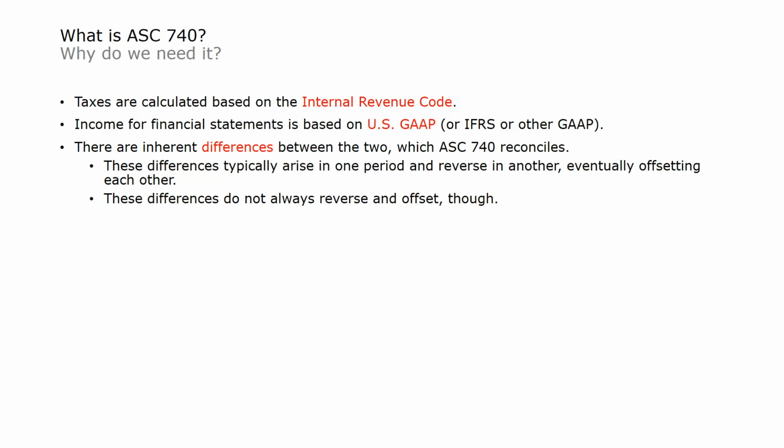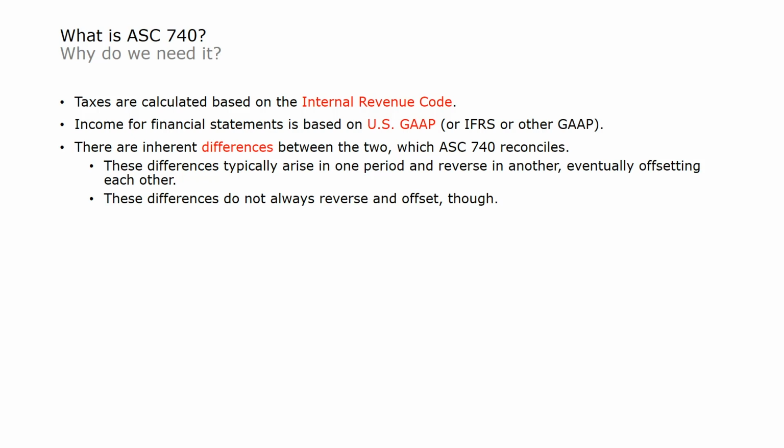They are trying to accomplish different things. They have different incentives in the case of the tax code. So your income calculated under the Internal Revenue Code or under US GAAP is going to be different. These differences must be bridged in the financials somehow, and that is what ASC 740 does.